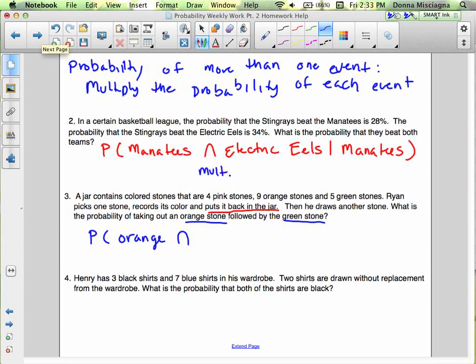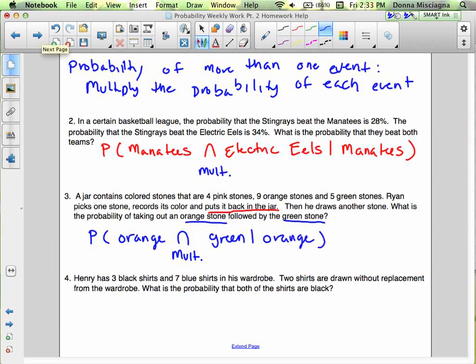This is a reminder. Given orange, the probability of orange and green, given that you picked the orange, or Ryan picked the orange.